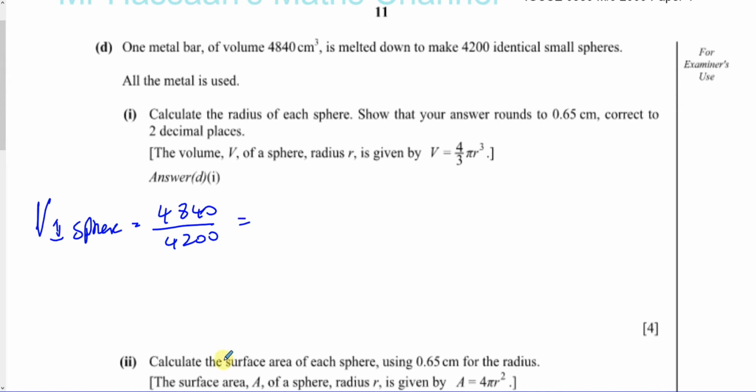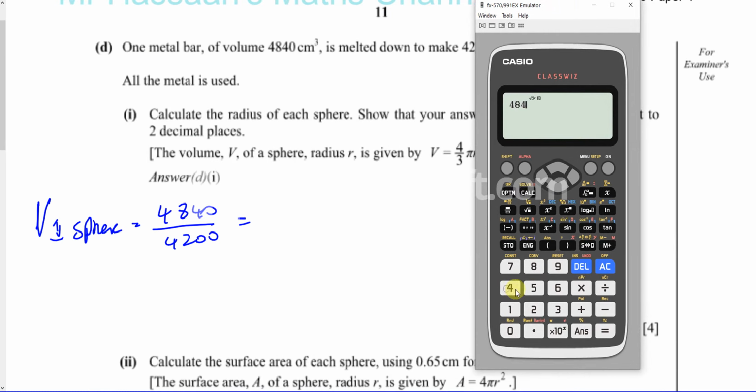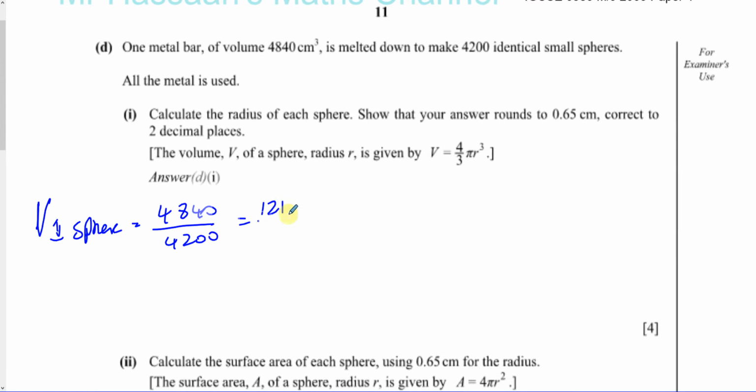Okay, that's the volume of one sphere, because the bar is melted down to make this many spheres, and there's no wastage of material. That gives you, I'll just write it in this form, 121 over 105. Keep it in an exact form as much as you can to save accuracy.